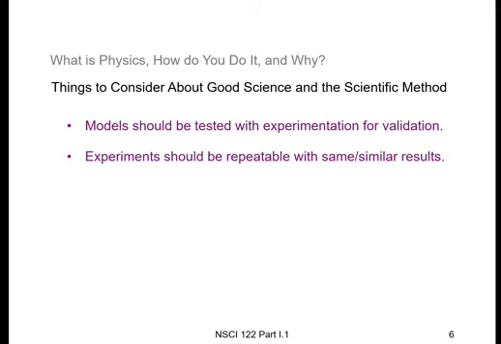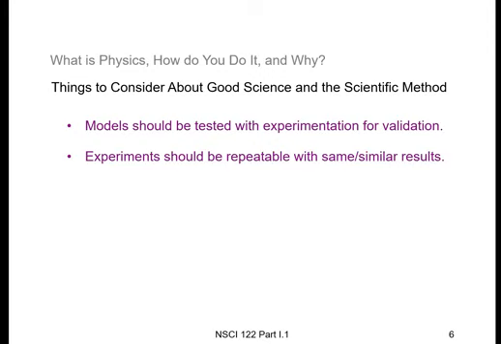Experiments that you do should be repeatable with same or similar results, okay? So just because a group, let's say over in Europe, has done one experiment for a new model, that's great, and they get results that the model predicts, that's great, but we better have some other groups do the same experiment, and we better get the same or similar results within experimental uncertainty, right?